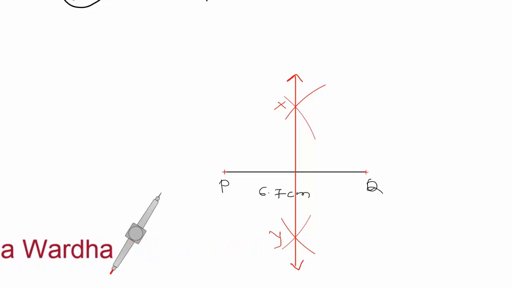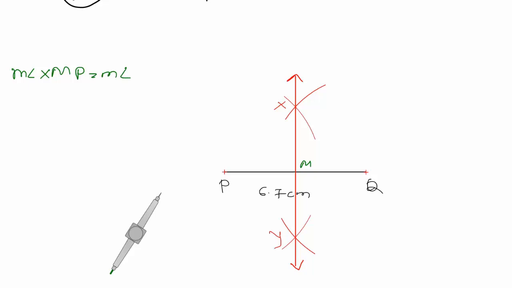Here is the point. We give the name point M. Line XY intersects the line segment PQ at point M. Here measure of angle XMP is equal to measure of angle XMQ is equal to 90 degrees, and length PM is equal to length QM.